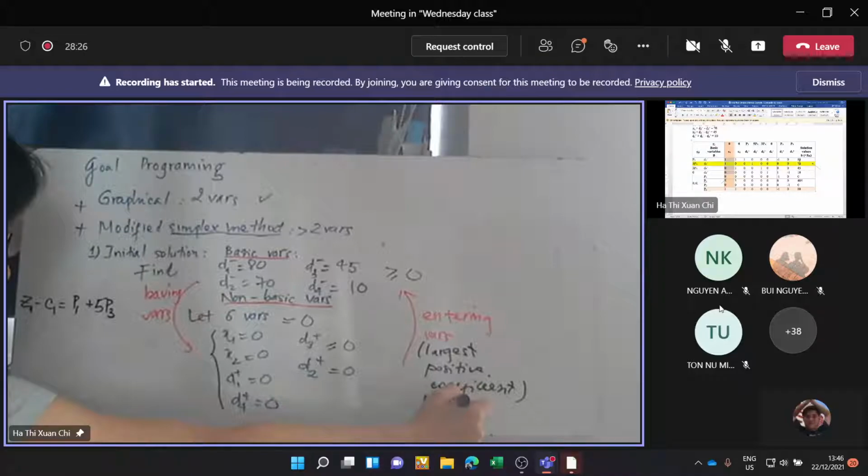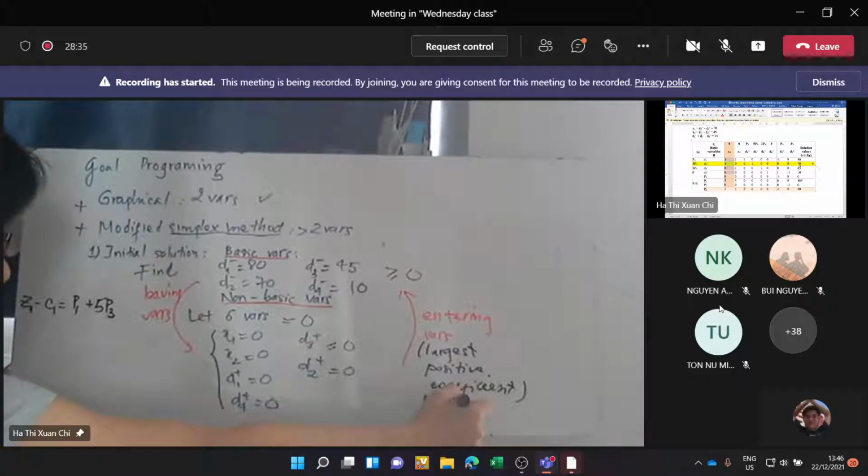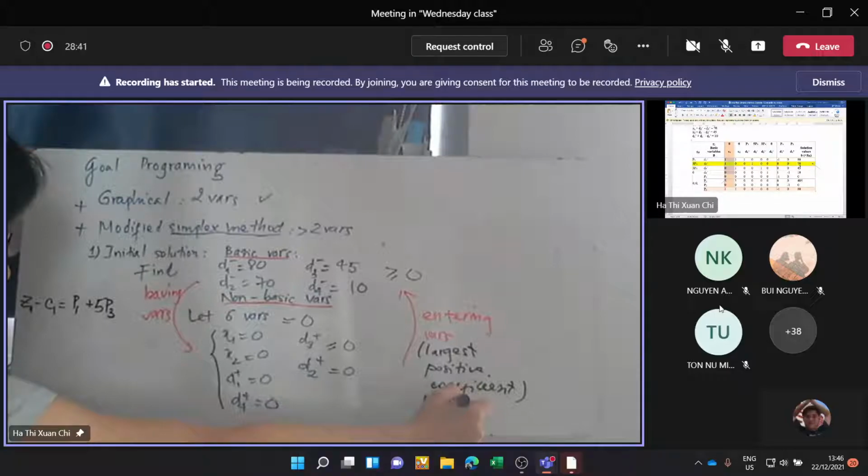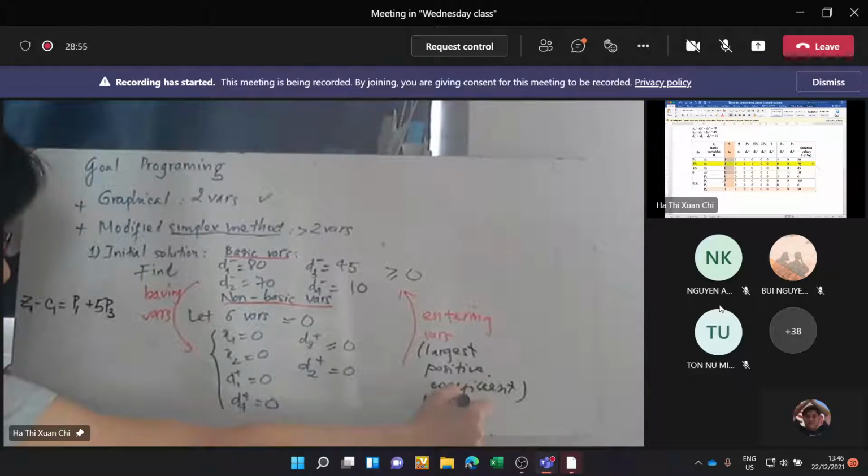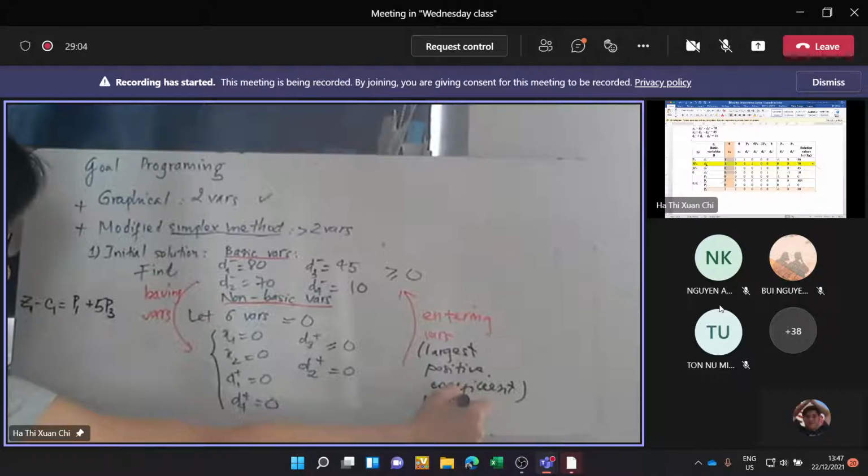So we compare the 80 and 70. Which one is smallest, everyone? Divide 1, right? So it means D2 minus is leaving.